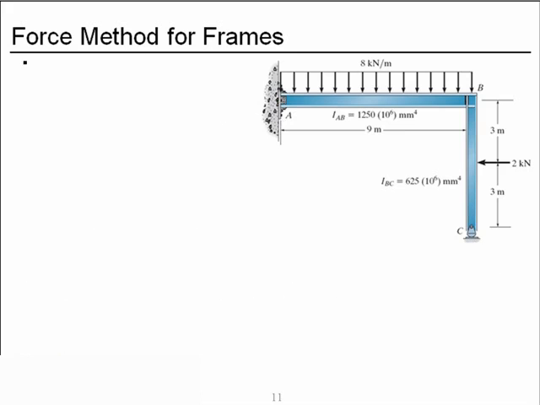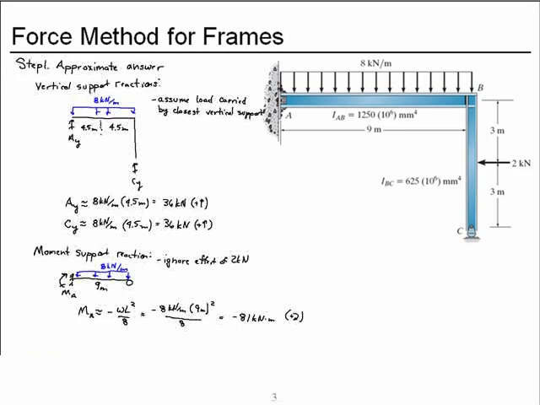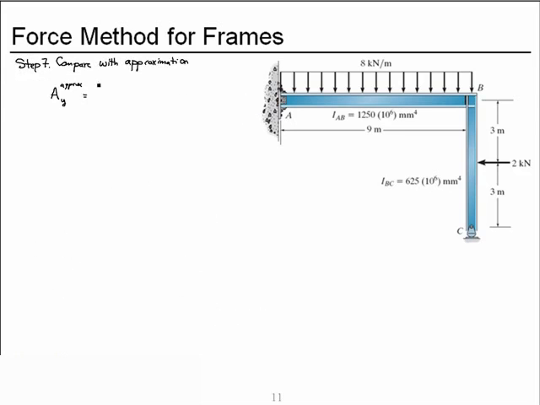And to wrap up, we have step 7, where we compare with the approximation. If we go back and look, our AY approximate we said would be 36 kilonewtons, as well as CY.